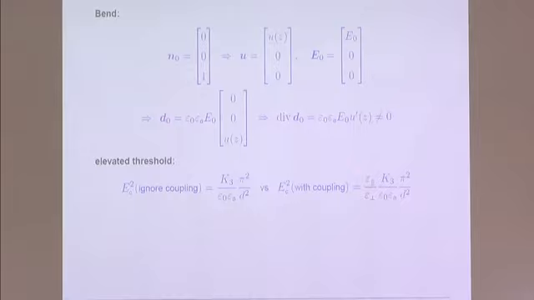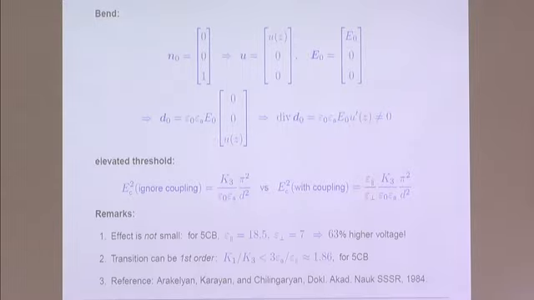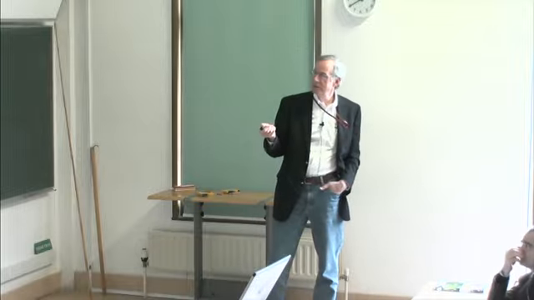This is strictly bigger than 1 in the case of a positive dielectric anisotropy. And so you do have a strictly elevated bifurcation point, and it comes out rather simply and easily.